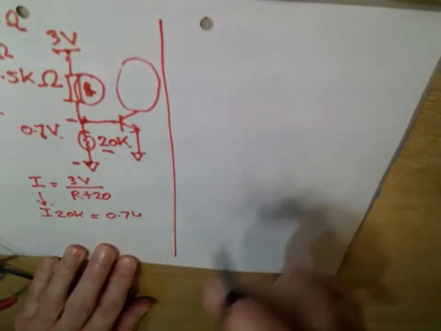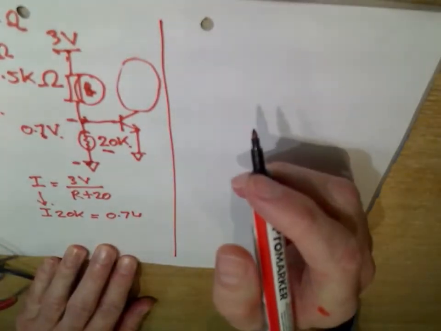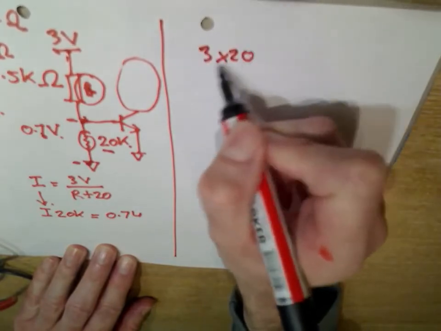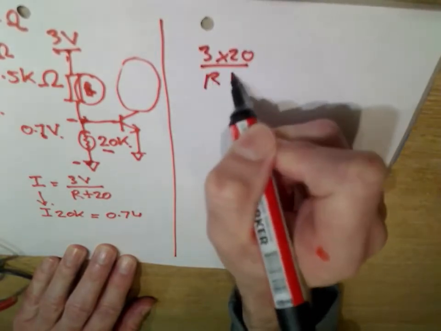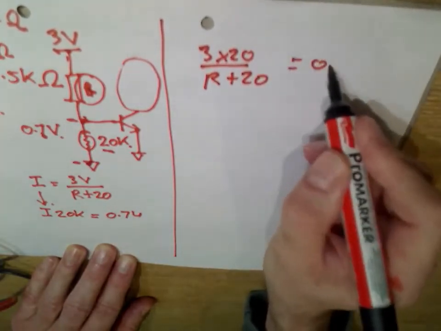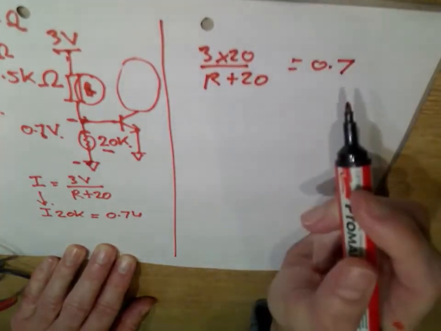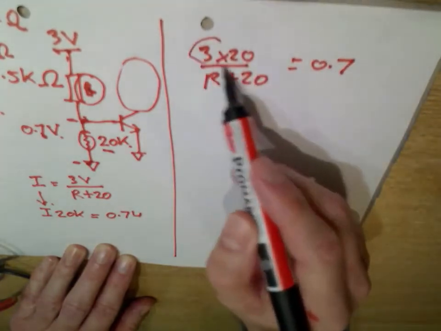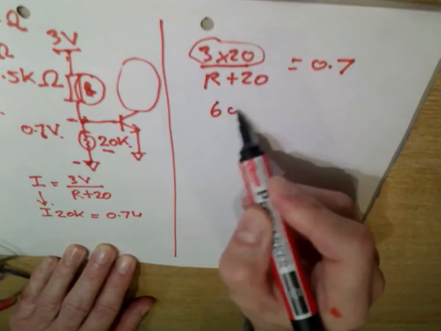In other words, 3 times 20 over R plus 20 equals 0.7 volts. Let's rearrange this equation. 3 times 20 is 60.